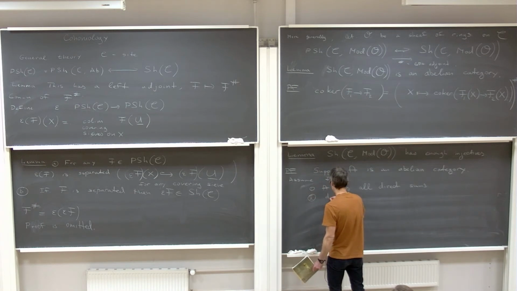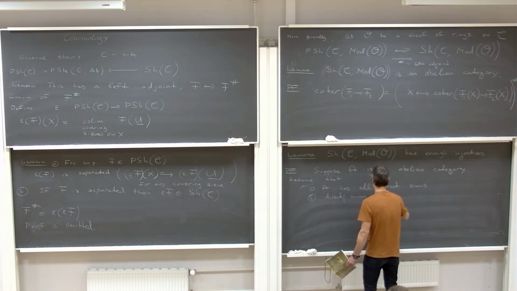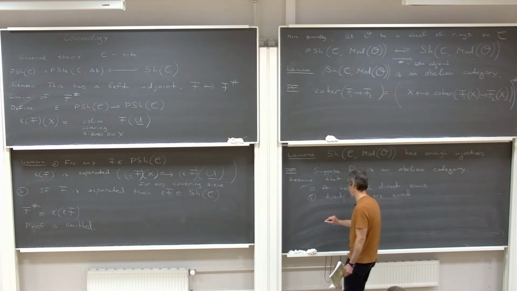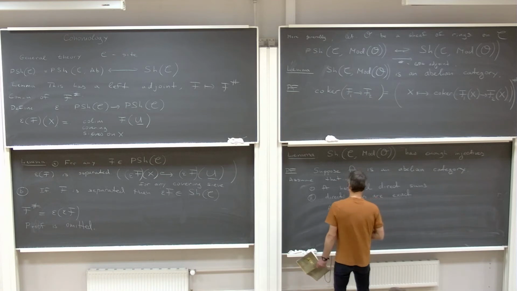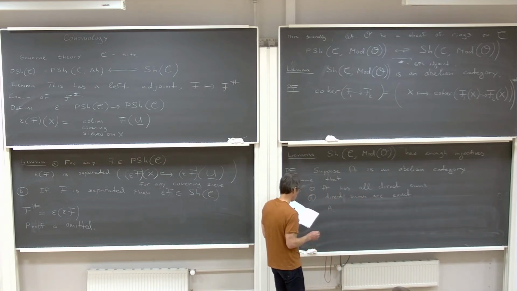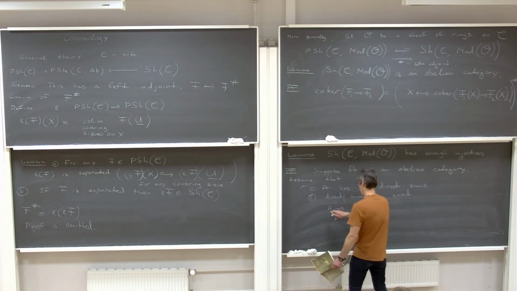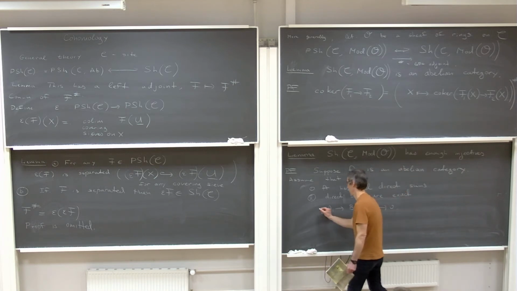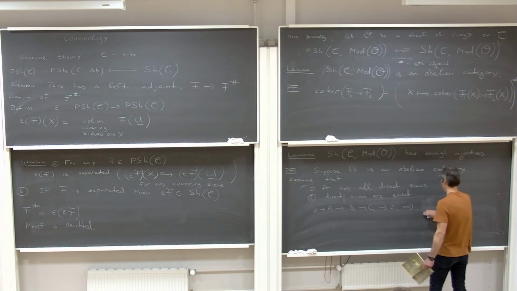Secondly, I assume that these direct sums are exact. What does it mean? It means that if you have a collection of short exact sequences, Ci, these are exact, then the direct sum sequence is also exact.